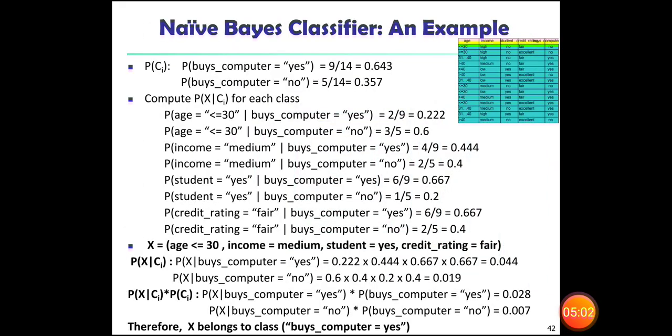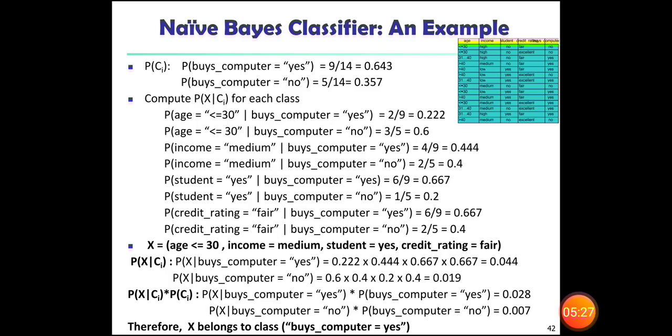Now we can see P of Ci. Remember, P of Ci is the probability of the class. Here it can be defined like P of buys computer yes and P of buys computer no. So we have two things, and only the status will change over here.